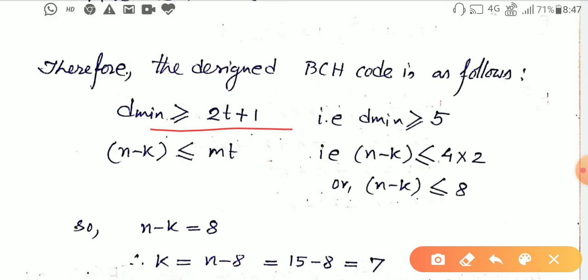So t is equal to 2 in this case. So this is 2 into 2 plus 1, that means 5. So for this binary BCH code, d-min should be greater than or equal to 5, and n minus k, the redundancy bit value, should be less than or equal to mt. M is what you calculated at the initial moment, that was 4, and t is 2, so this will be 8.